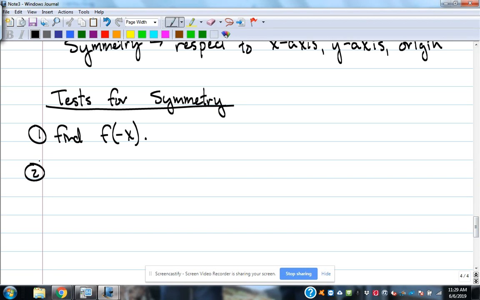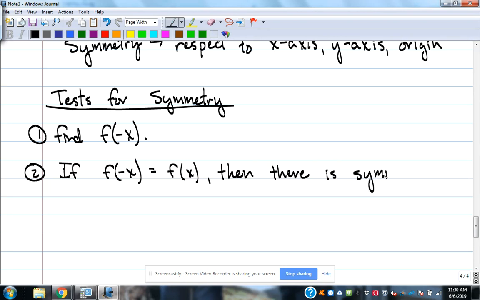The second thing you're going to do after you find f of negative x is check whether f of negative x is the same thing as the original. That's symmetry with respect to the y-axis.